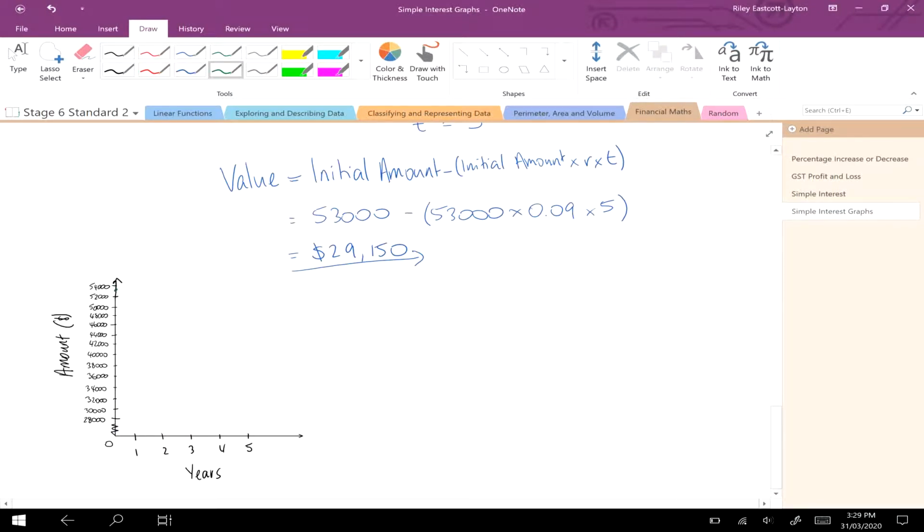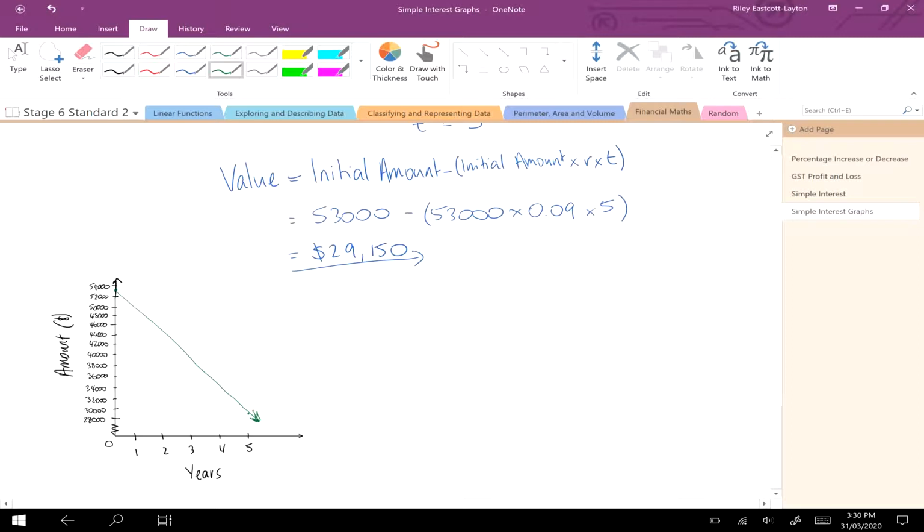And after 5 years, we found out that it was equal to 29,150, which I would place pretty close to halfway, right in there. And then of course we're going to connect her up, like so.